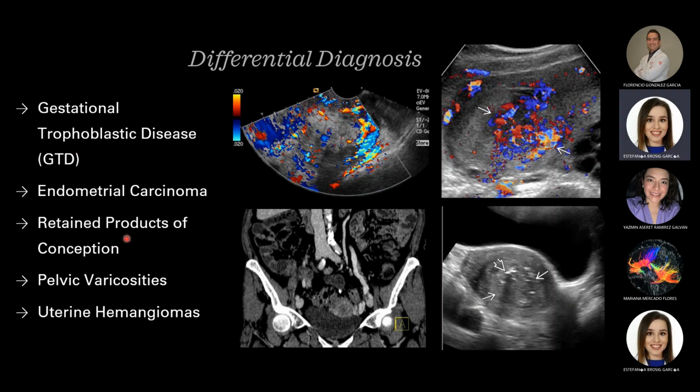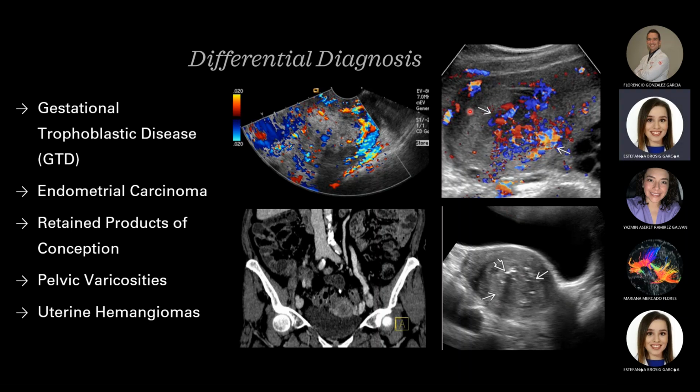Another important differential diagnosis is retained products of conception, which also has a positive beta human chorionic gonadotrophin hormone, though this hormone can be negative with cystic degeneration.